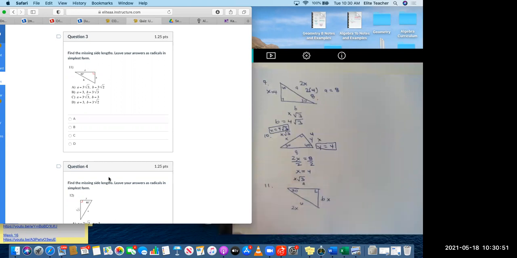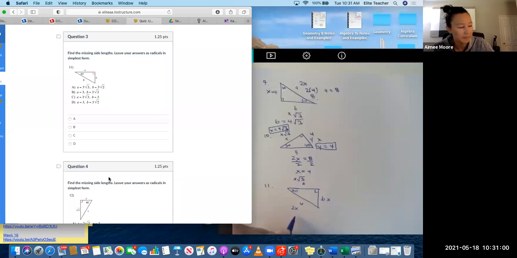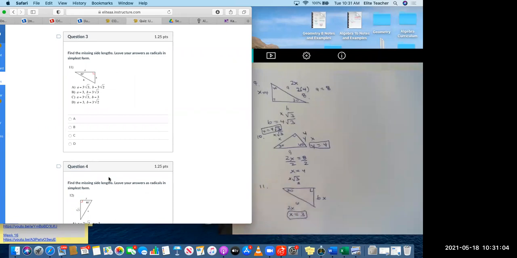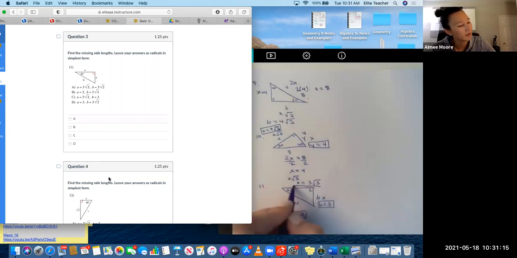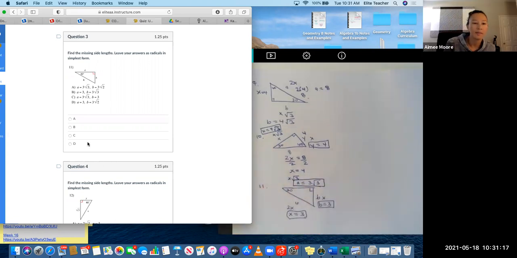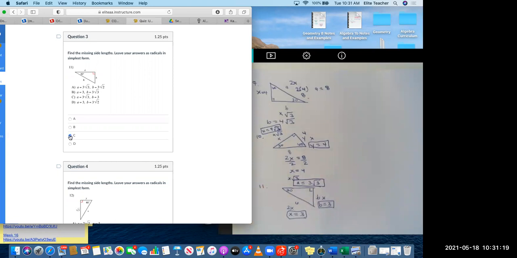And since 6 is 2x, you would do 6 divided by 2, which is 3. So x equals 3, which means that B is 3. And then A is 3 times the square root of 3. So it'll be C.